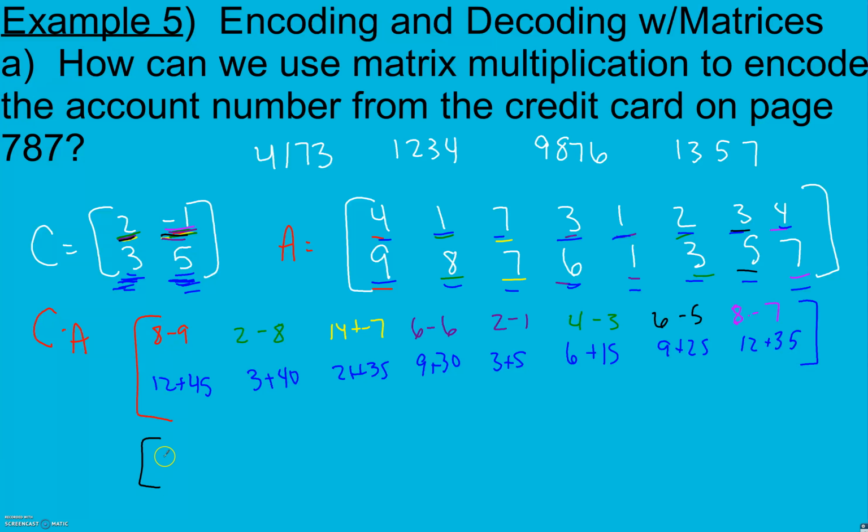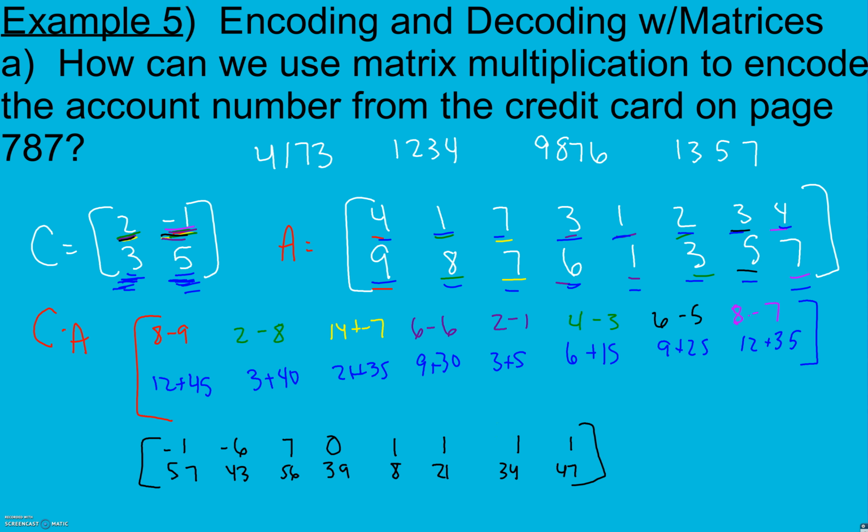To simplify here, -1, -6, 7, 0, 1, 1, -1, 1, 57, 43, 56, 39, 8, 21, 34, and 47. That's a positive one, actually, my bad.